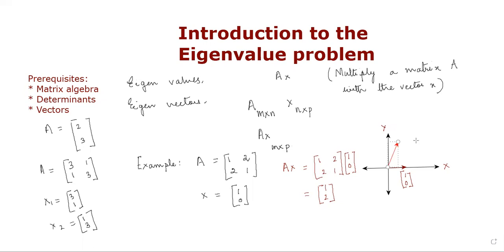This is the vector I've got now, and it is written as 1, 2.